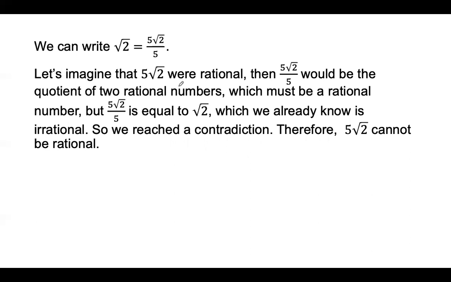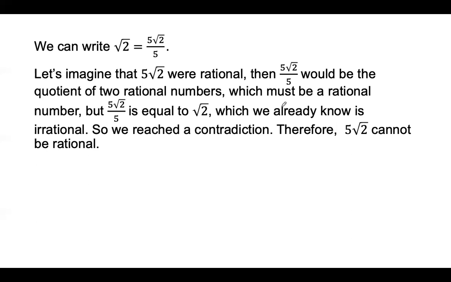So we suppose the opposite. Then 5 times the square root of 2 over 5 would be the quotient of two rational numbers, the top and the bottom, which must be a rational number. But it's equal to the square root of 2, which is already known as irrational. So we get a contradiction.